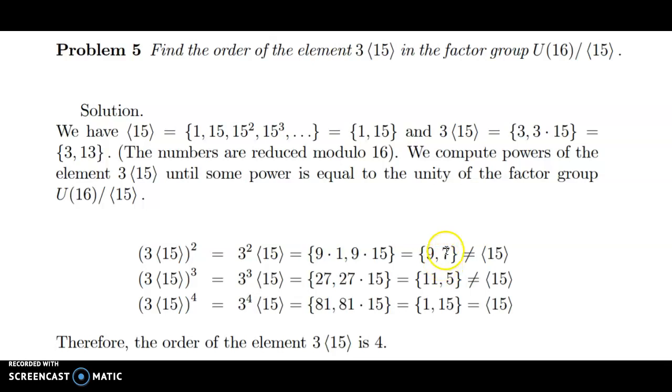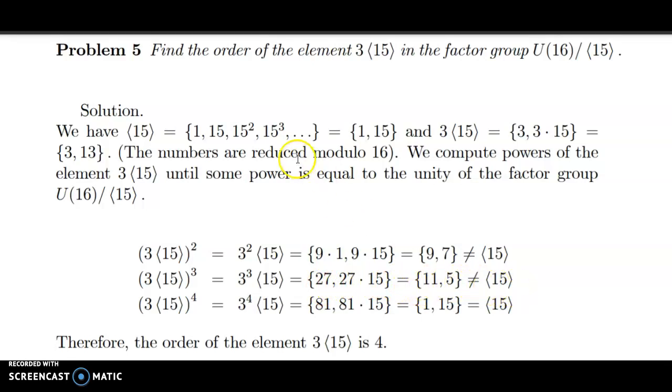And clearly this is a different set from this, so it is not the subgroup. The third power, again, computed similarly. Here reduce mod 16, you get this subset different from the subgroup.